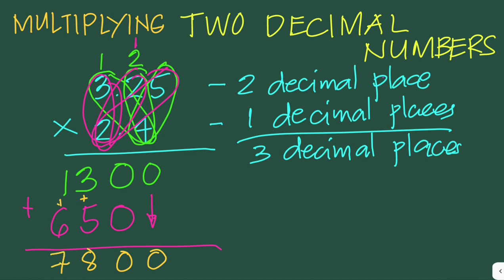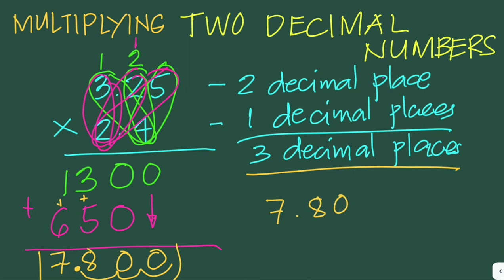Now we have our product, or the result after multiplication, should have 3 decimal places. So we count from here 1, 2, 3. So our decimal point should be here. So the answer would be 7.800, or 7.8.